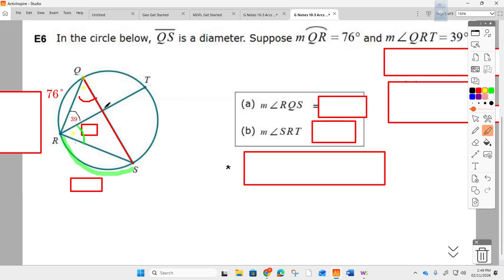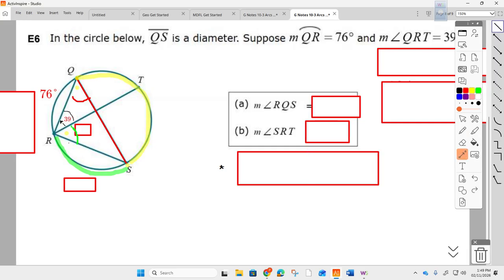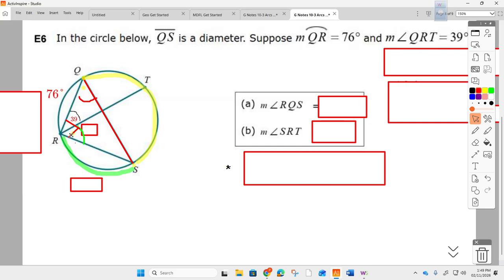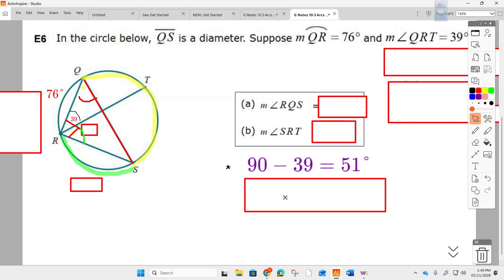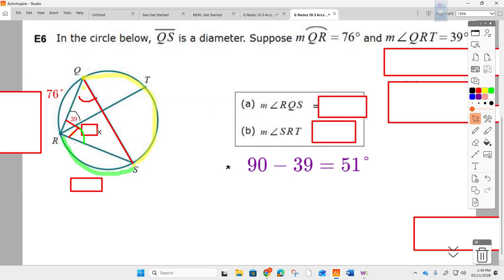That's 180 degrees, right? What's half of 180? 90. So now we know that this is a right angle. Hopefully your right angle looks more like a right angle than mine does, but you get the gist. So the whole thing is 90 and this part is 39. We just subtract the 39 from 90 and now we know that the measure of angle SRT is 51 degrees.